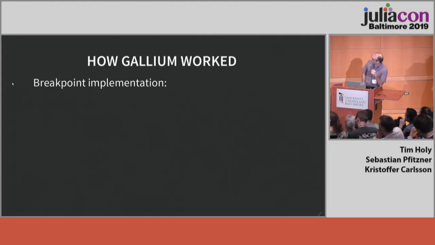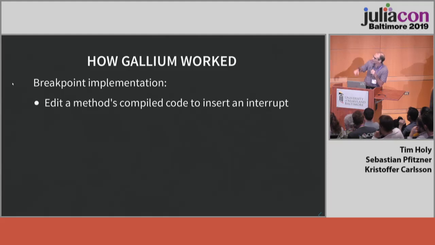It was aimed, especially initially, at the very lowest level of that compiler pipeline. Just to briefly summarize the core principles of how Gallium worked: if you wanted to insert a breakpoint in a function, it would take the compiled machine code that had been generated through all those stages of the pipeline and edit it in a way that would insert an interrupt that would pause the CPU's execution of that code when it hit the breakpoint.